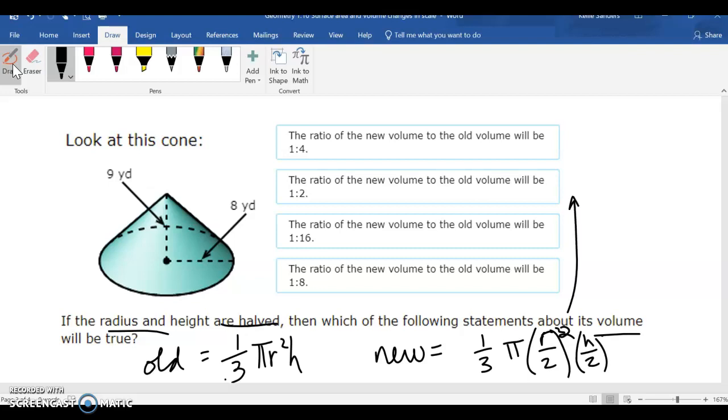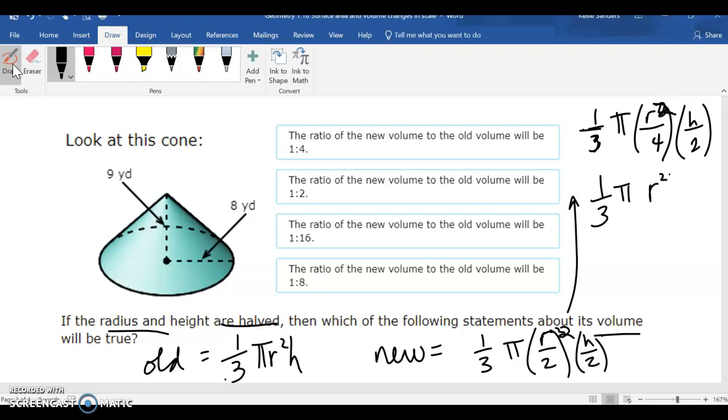I need to write up here because I'm running out of room. 1/3 pi, r squared over 4, times h over 2. And that would be 1/3 pi r squared h over 8.